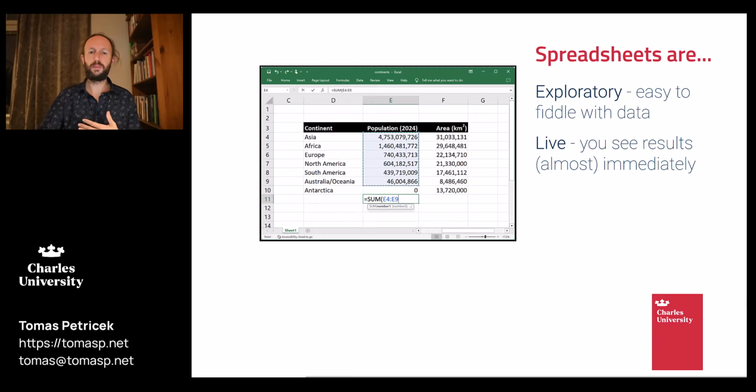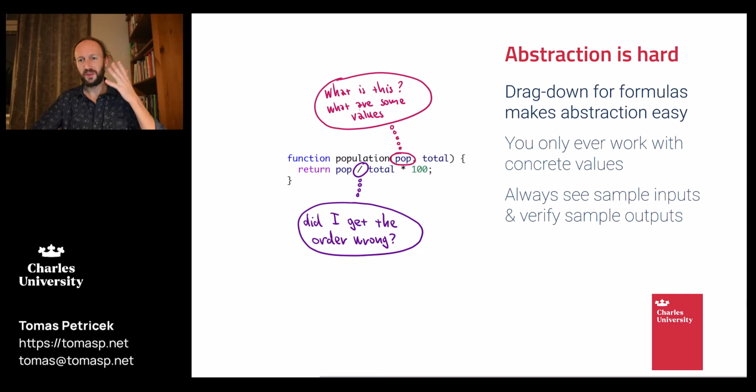The other interesting thing about spreadsheets is how they deal with abstraction. So I said before that you can think of density as a function, and so this would be another example where if I wanted to write this relative calculation of population ratio in JavaScript, I would have to write a function.